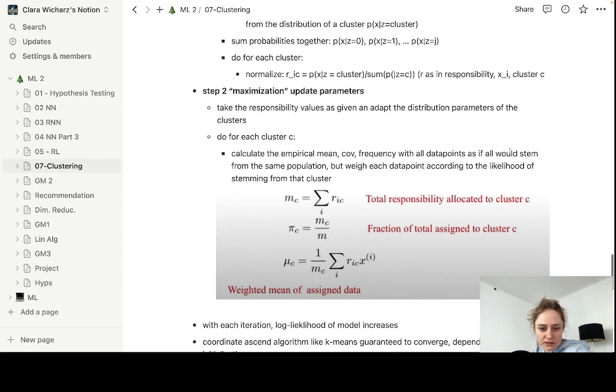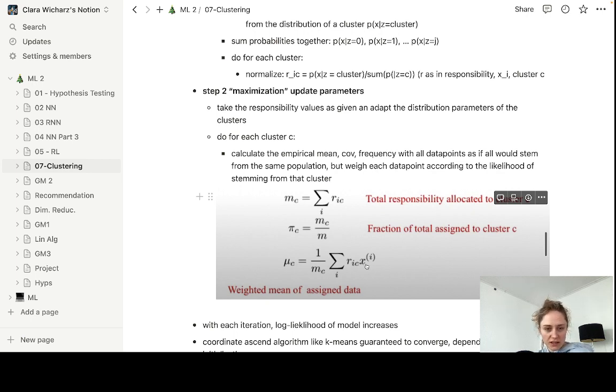And just as a detail, this is how we actually update our cluster parameters. To calculate the new centroid, we take all the data and we take the average of that data. So we take the average of feature x1, we take the average of feature x2, and this becomes our new centroid. And we take all the data.